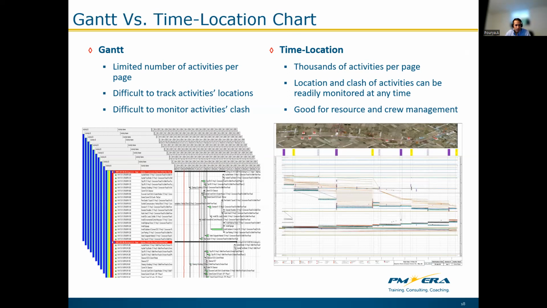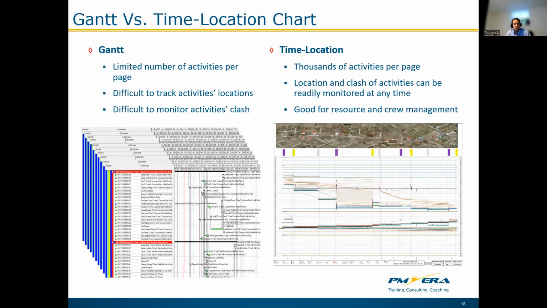Nevertheless, I should emphasize that linear scheduling and time location charts do not replace the critical path method scheduling and Gantt charts. They complement the other scheduling methods and should be used in conjunction with other tools.